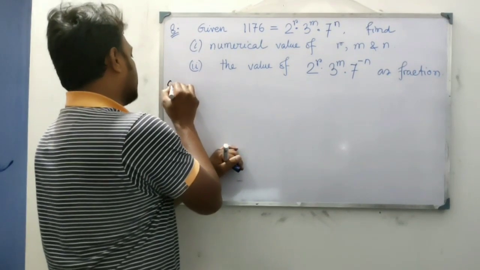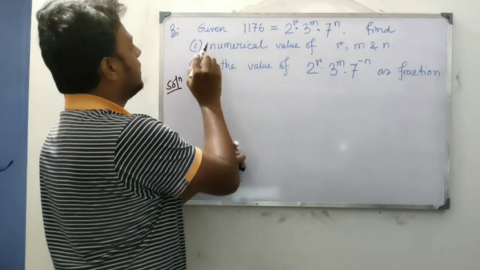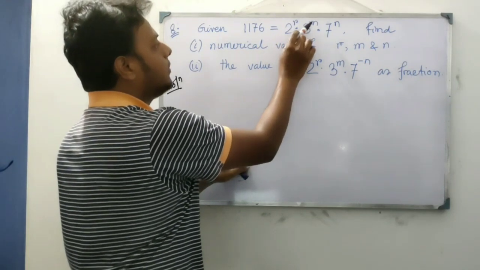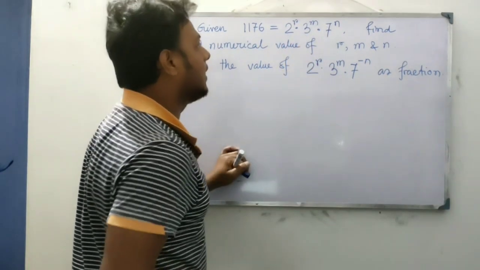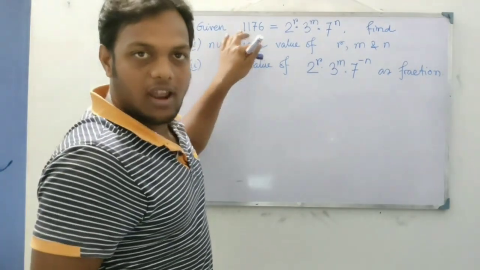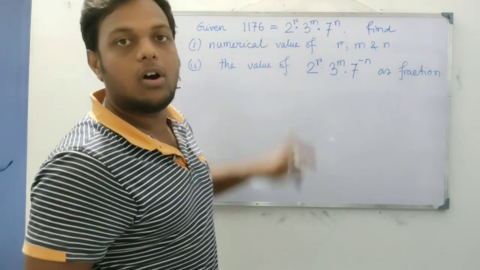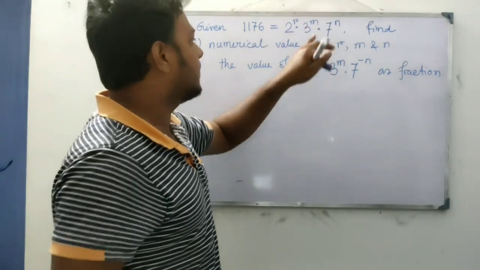How to solve this problem? Look at the board. Given that 1176 equals 2 to the power r, 3 to the power m, 7 to the power n. That means they have tried to express 1176 in the form of exponents of prime factors.